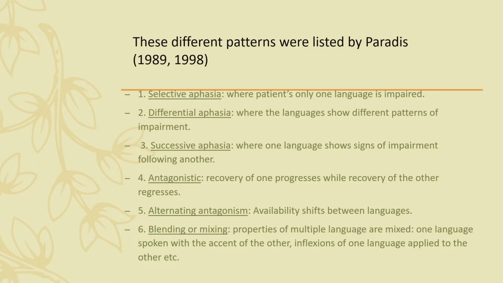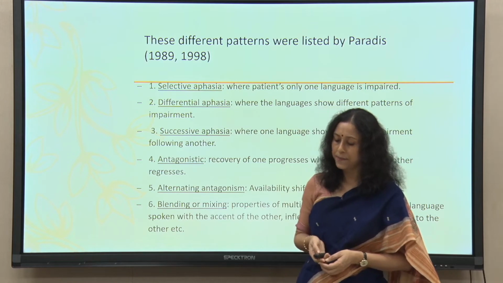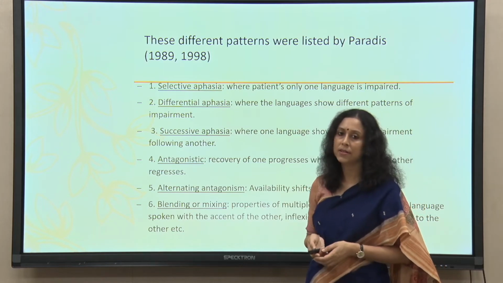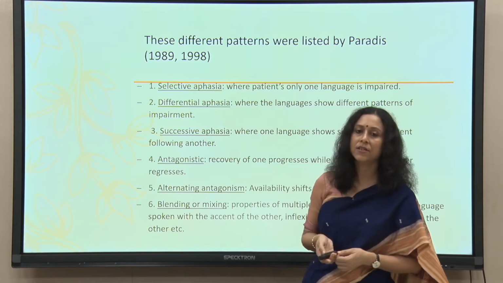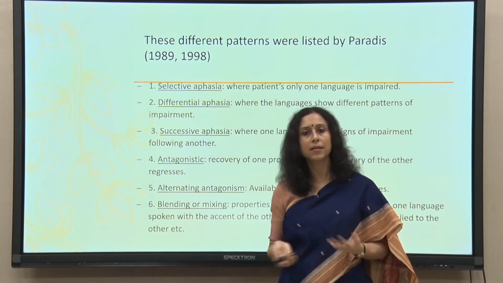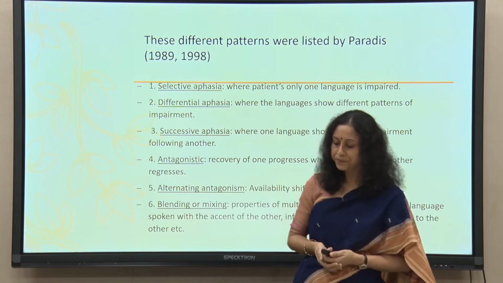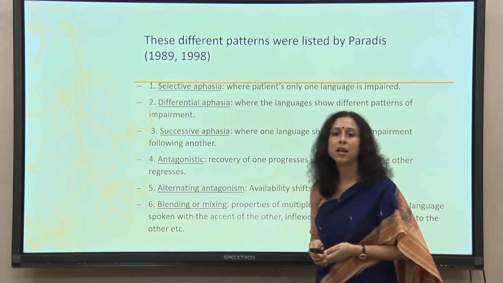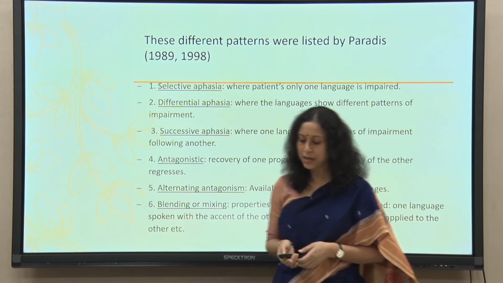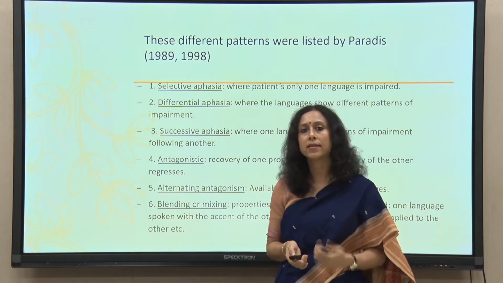So, there are about 6 types of differences, different patterns of bilingual aphasia that he lists. The first is called selective aphasia. Selective aphasia, as the name suggests, is where only one language is impaired and the other language is spared. Then we have differential aphasia, where the bilingual's 2 languages show different patterns of impairment.